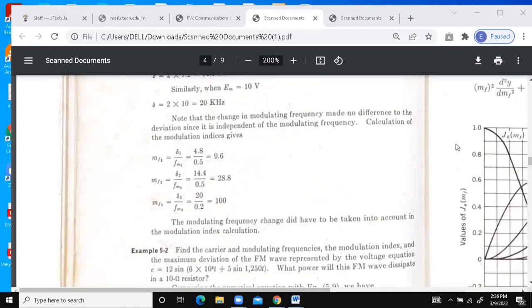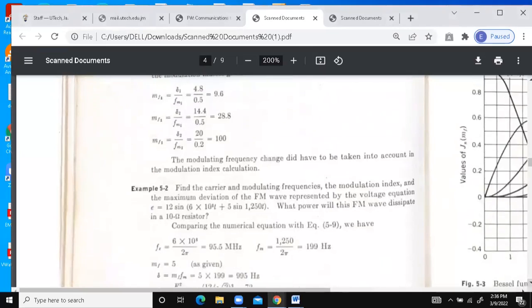For the carrier frequency I get 6 times 10 to the 8 divided by 2 pi, which equals 954.93 kilohertz. And then I do a similar procedure using 1250 divided by 2 pi to get 198.94 hertz.